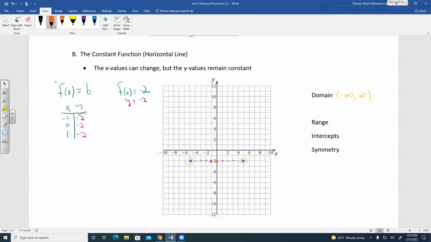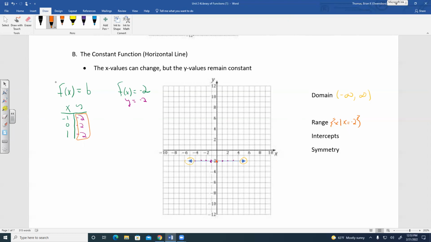The y value is always -2. So our range, we can say the set of x's such that x equals -2. That's all there is. As far as an interval, there really isn't an interval here.